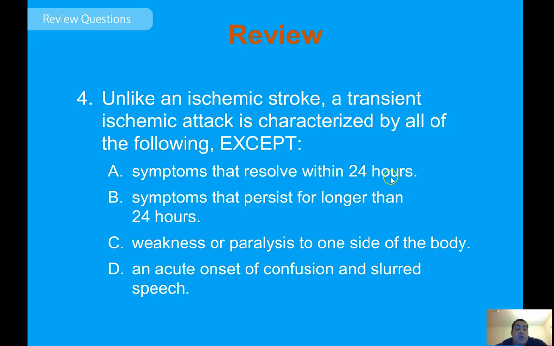So they resolve within 24 hours. They do present like a stroke, weakness, paralysis to one side of the body. They also have an acute onset of confusion and slurred speech. So anything that persists longer than 24 hours is going to be considered a stroke and not a TIA.